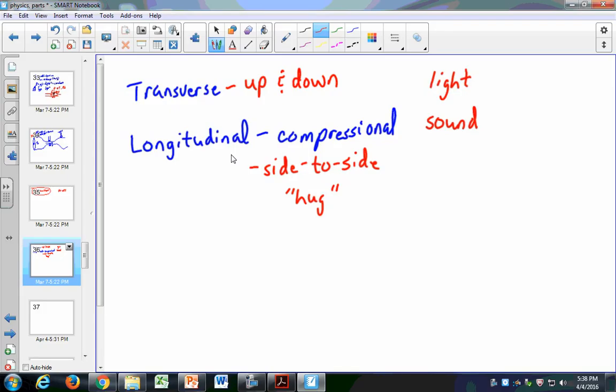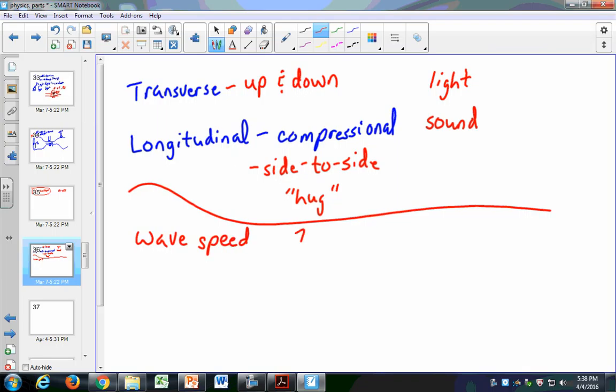Anyway, so longitudinal versus transverse. All right. Longitudinal versus transverse. We have some things to describe these different waves. They have a wave speed. We'll call this V. We have a period.